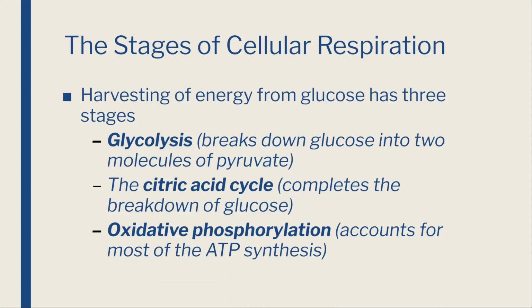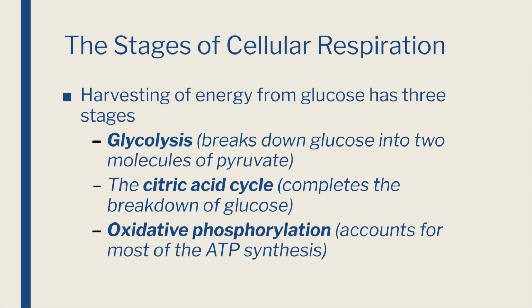So cellular respiration has 3 stages, each of which contributes to the production of ATP. The first stage is glycolysis, and that is when the glucose is split in half. It breaks it down into 2 3-carbon molecules, called pyruvate, also pyruvic acid.